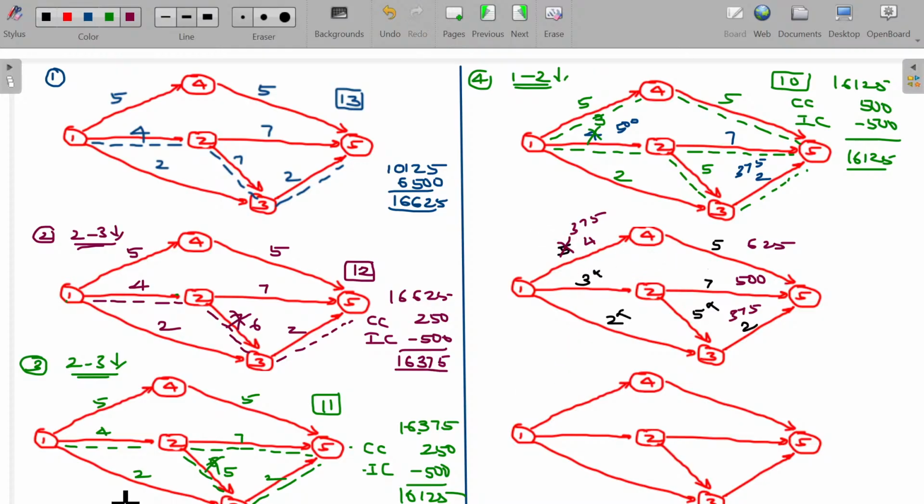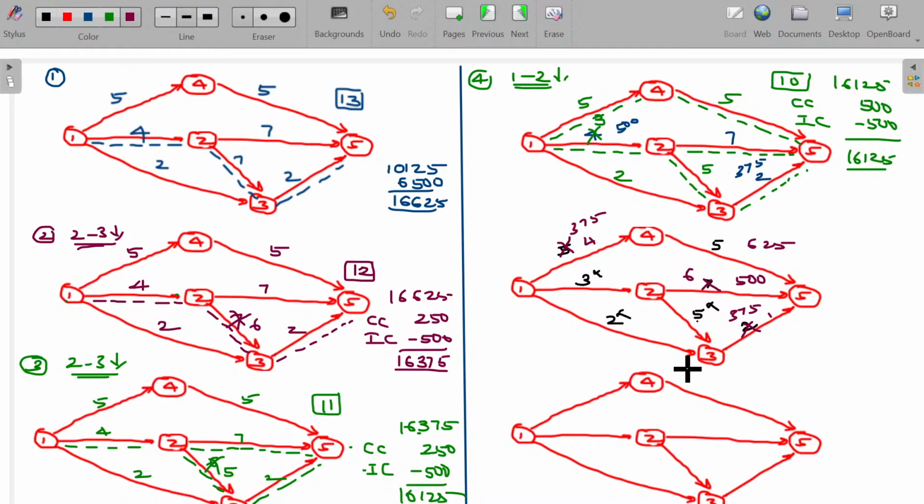Now make it 4. Forget about the first route. In the second route, 3 and 7, we don't have the option to reduce this. We have to reduce this one only, to 6 days. And the second route is also done. In the third route, 3 cannot be reduced, 5 cannot be reduced, only this 2 can be reduced by 1 day. 1 to 3 is not required to be reduced at all.